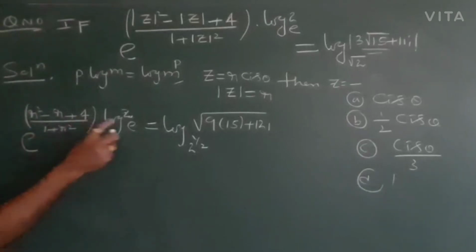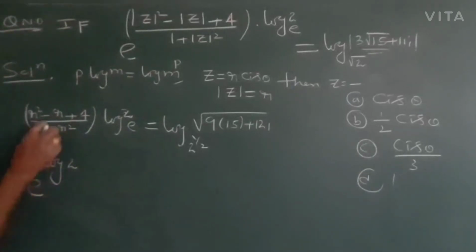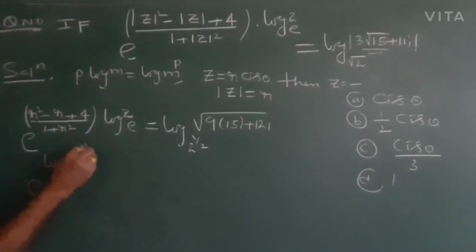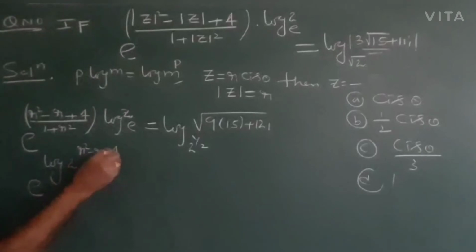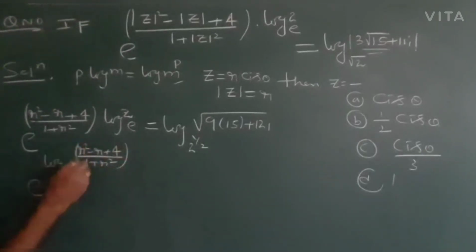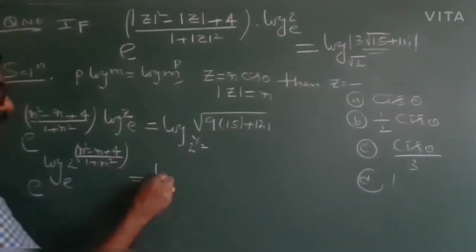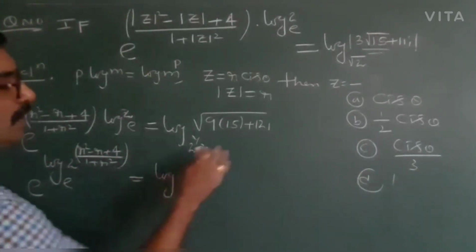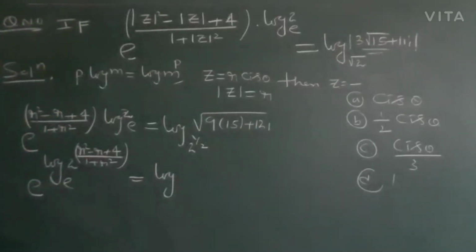So now p log m, as I said earlier, this becomes log of 2 power (r square minus r plus 4 upon 1 plus r square) base e, is equal to log of the square root of 121 plus 9 into 15.